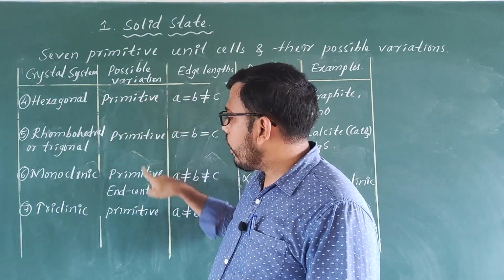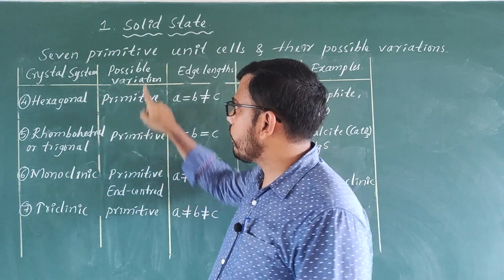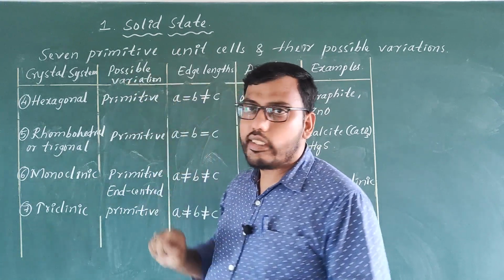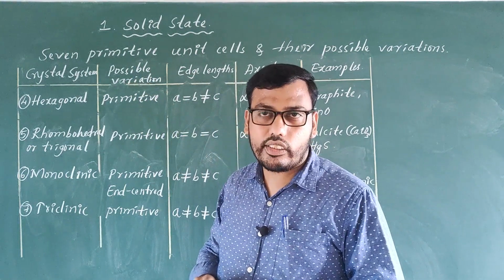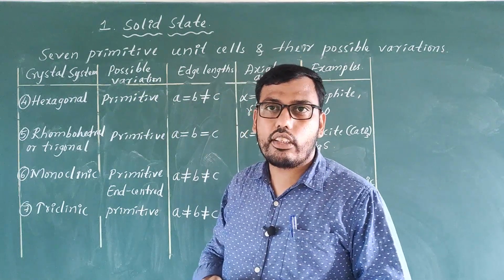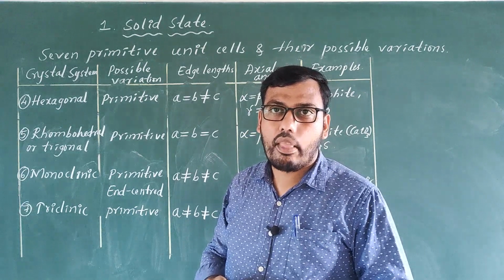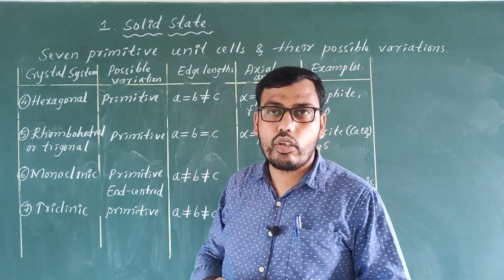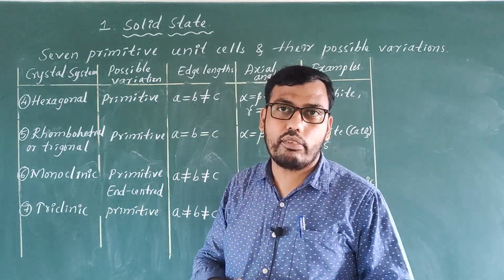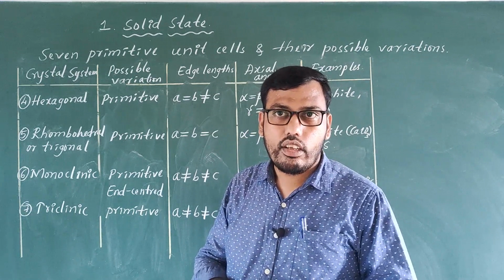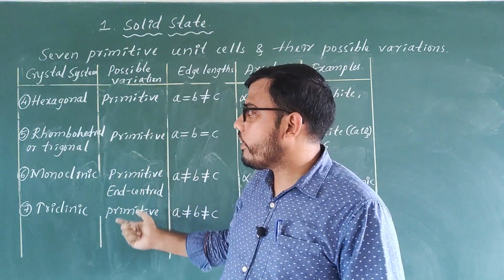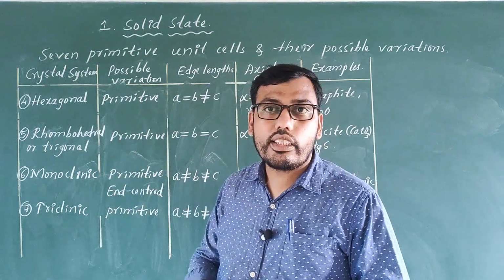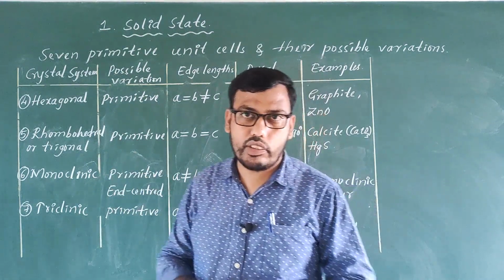So these are all the possible variations of a primitive unit cell, which are known as Bravais lattices. In my last session, while discussing the crystal lattice, I told you there are only 14 possible variations. So this is all about how possible variations are present in the 7 crystal systems.